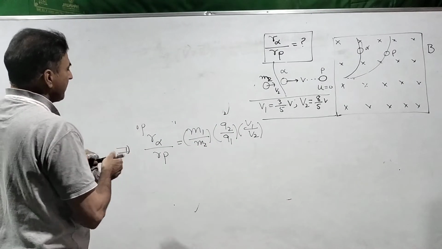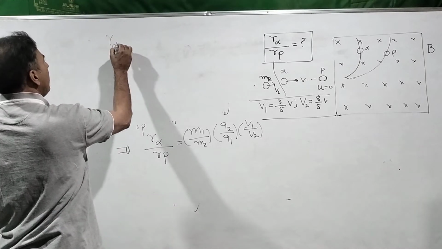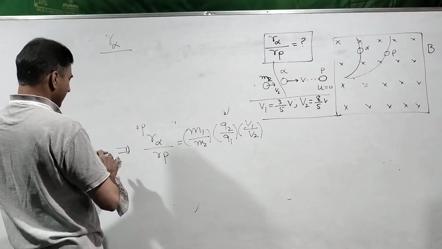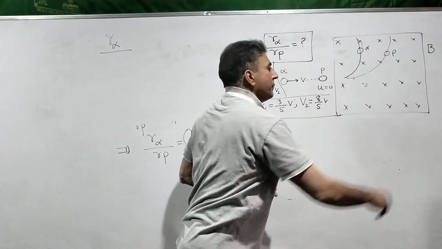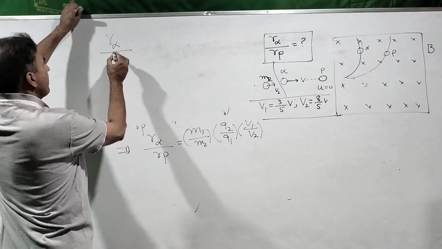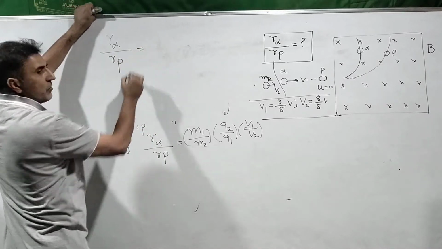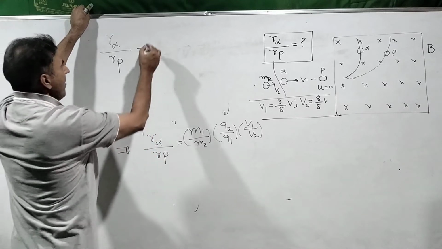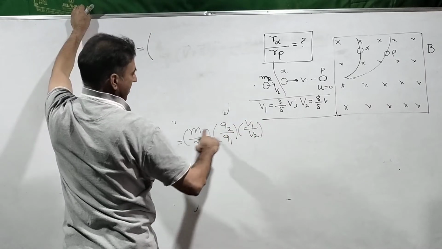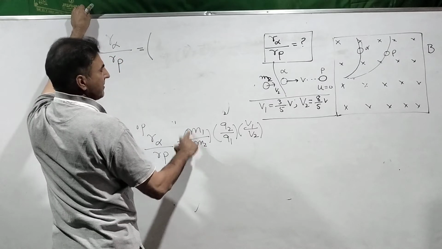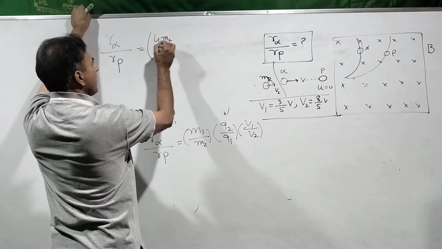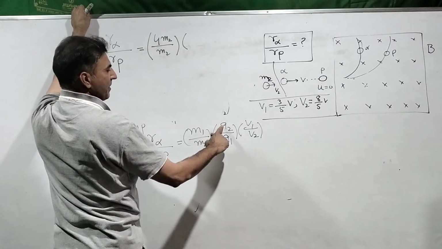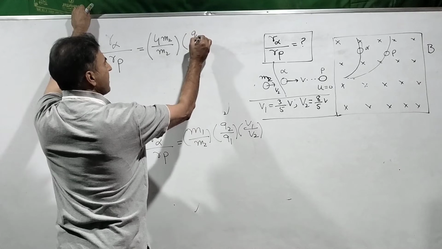Okay, now what about R alpha by R proton? It is equal to m1. What is m1? m1 is the mass of the alpha particle, that is 4 times the mass of the proton. Okay, what is the charge? Let it be q2, write it down like q2.